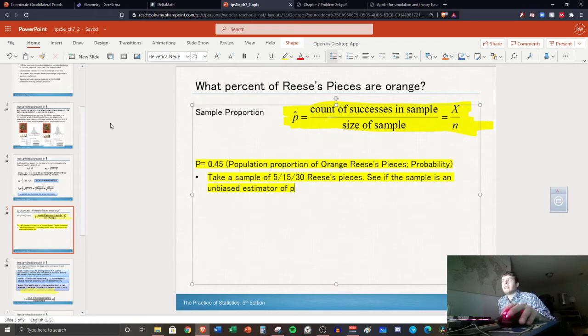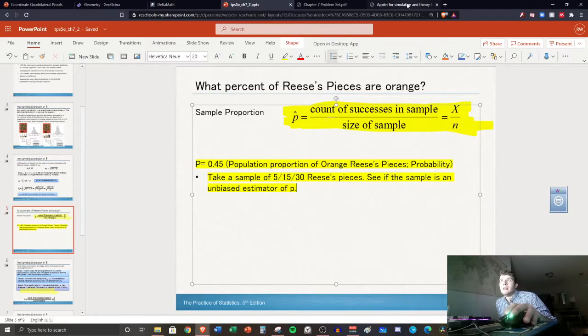We're going to do this exactly like we did with the pennies, and we're going to see what happens. Remember, it shrunk down in size as we increase the sample size. So we want to make sure that that rule keeps happening, that idea that increasing sample size reduces variability. And we also want to see if the sample proportion is an unbiased estimator of p. That's going to be our goal.